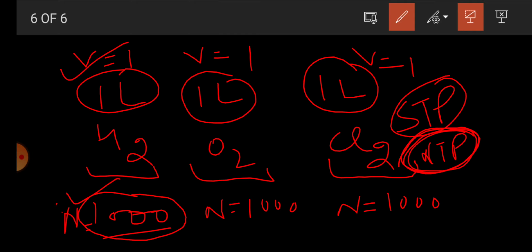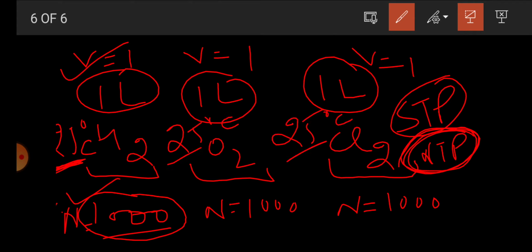It means that when you are taking the volume, you have to consider the temperature outside. So if you are taking the values at 25 degrees Celsius, then this should also be taken at 25 degrees Celsius. So you have to take the similar conditions of temperature and pressure.